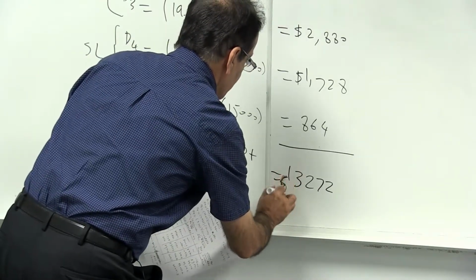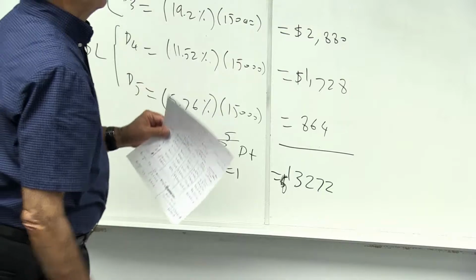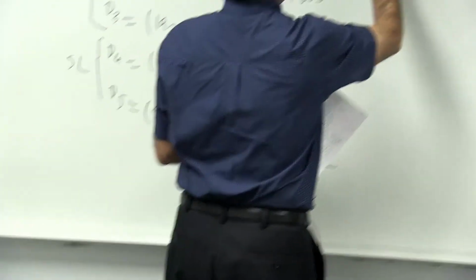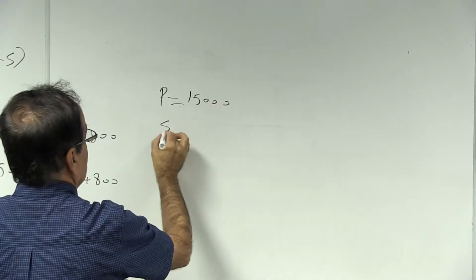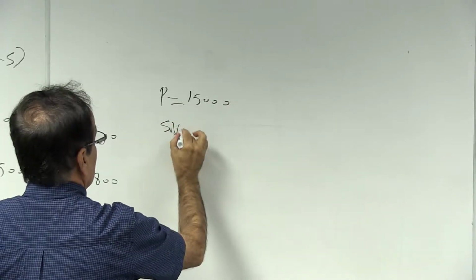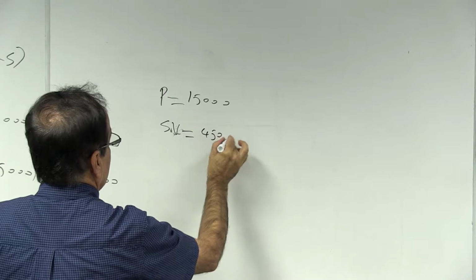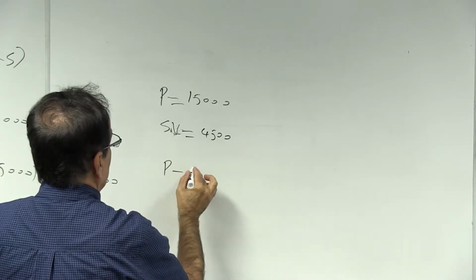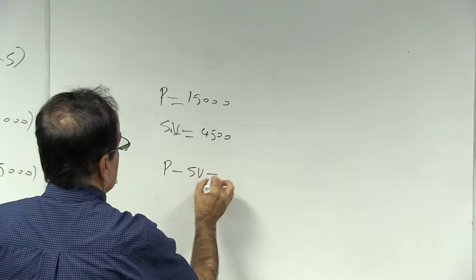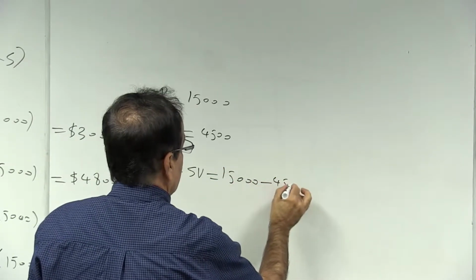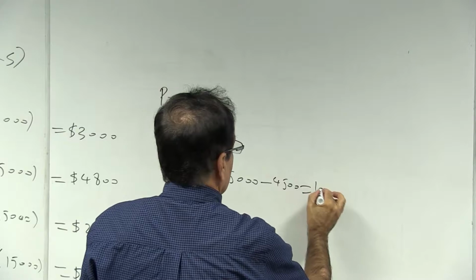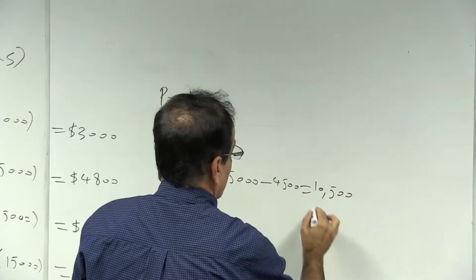But remember, the equipment we purchased, the first cost, was 15,000. And the salvage value was 4,500. If I find the difference between P and salvage value, it's going to be 15,000 minus 4,500, which is 10,500. Pay attention.